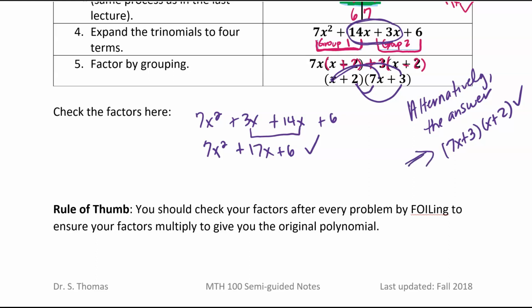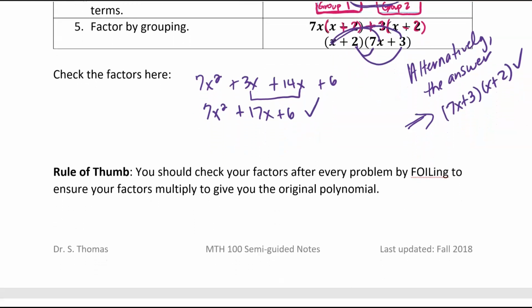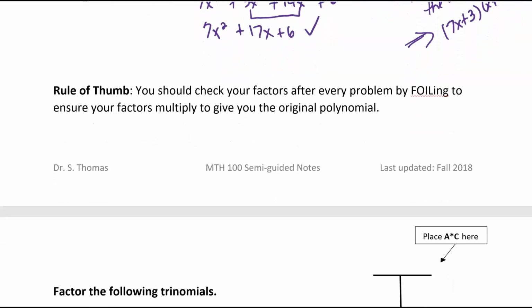If, for example, you put 3x first and then 14x. But I want you to keep in mind they are the same. Multiplication is commutative, so the order of the parentheses does not matter as long as you're carrying the same signs over. So always check your factors before you move on to the next problem.